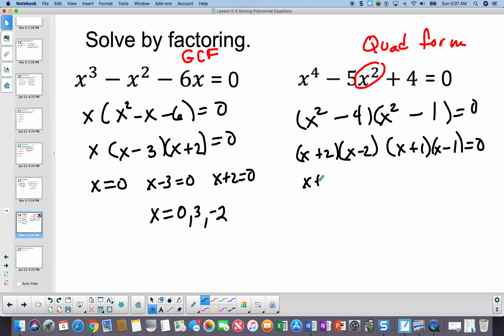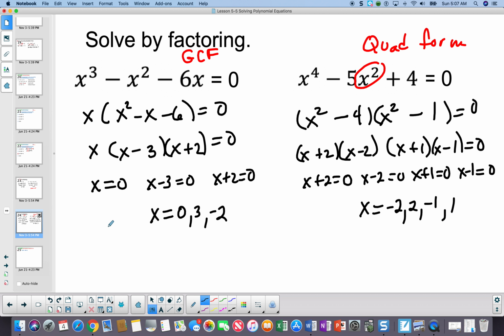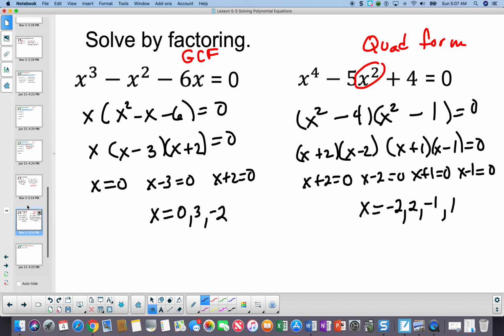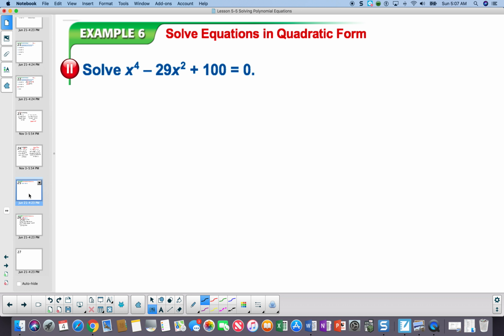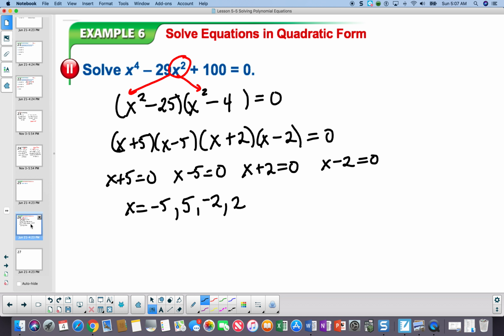And then I'm going to set each equal to 0. And I'm going to get 4 answers. I'm going to get negative 2, positive 2, negative 1, positive 1. Your turn. And here are the answers.